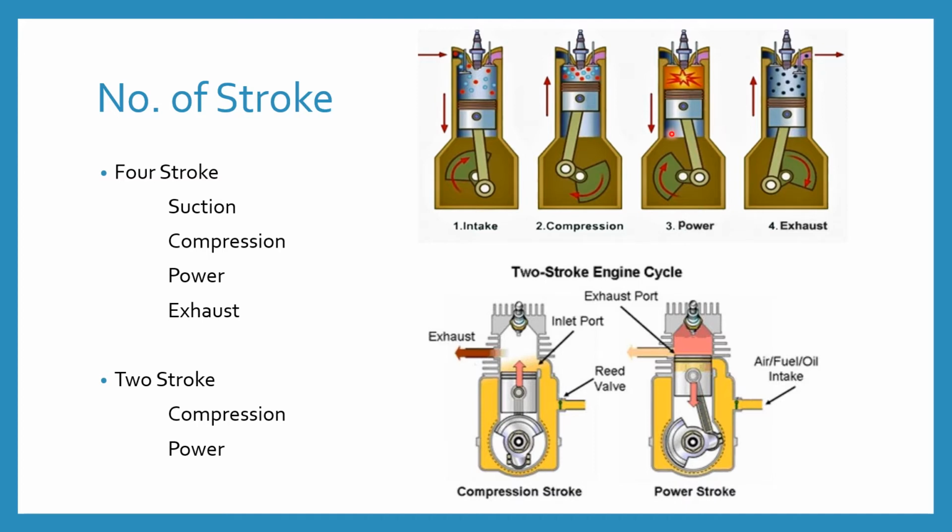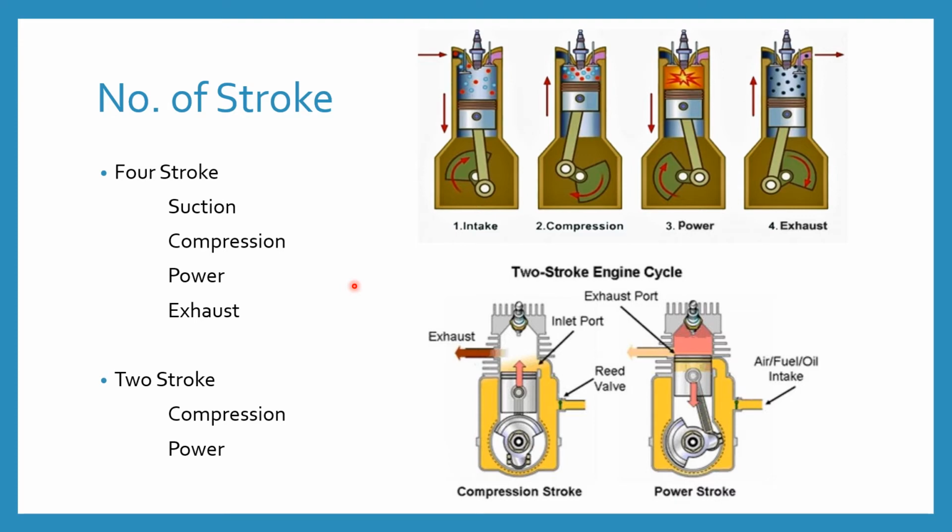So this is the power stroke. After that, the last one is the piston moves upward again. This is the exhaust stroke. So these are the 4 strokes, which is known as the 4-stroke, shown in the cylinder.